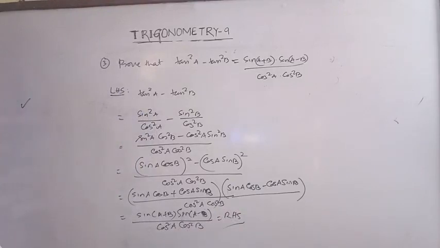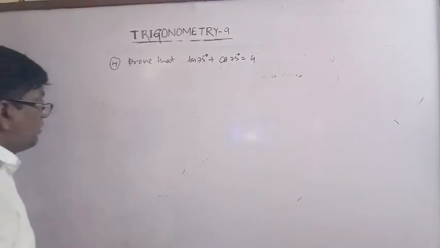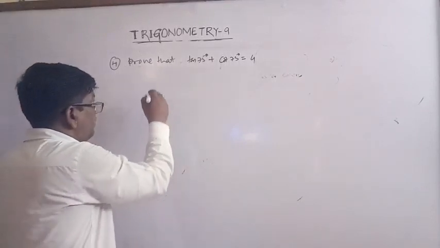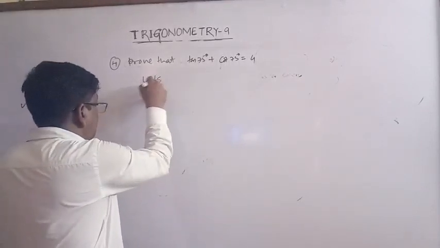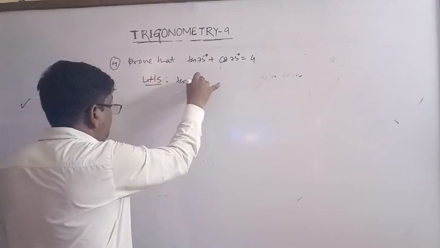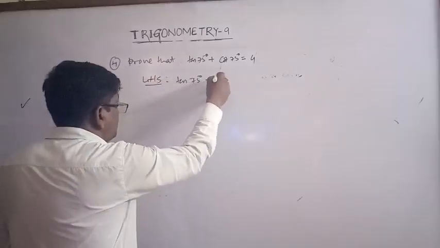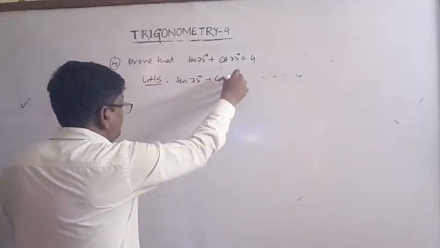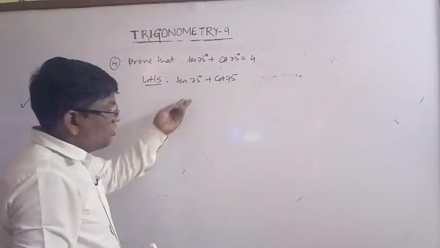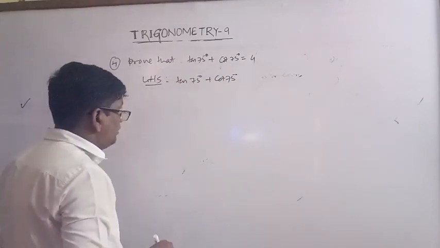Okay, now another question. Prove that tan 75 degree plus cot 75 degree equals 4. Left hand side, tan 75 degree plus cot 75 degree. We can put the value directly if you remember.